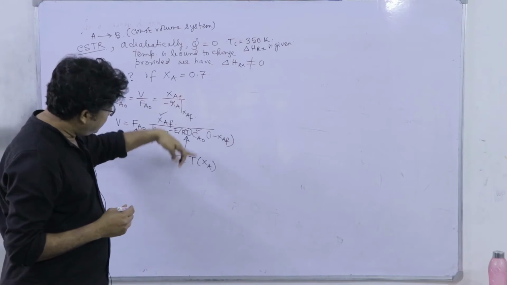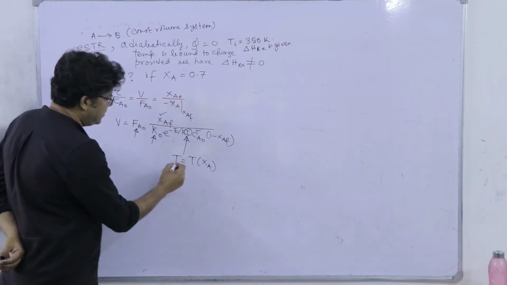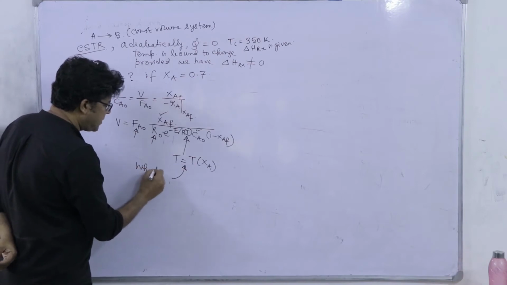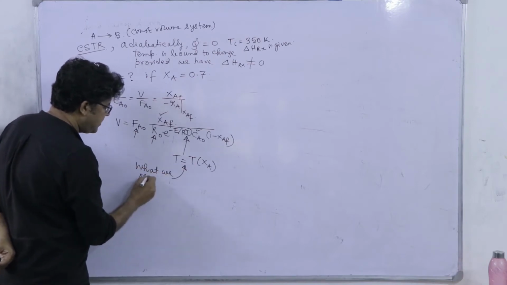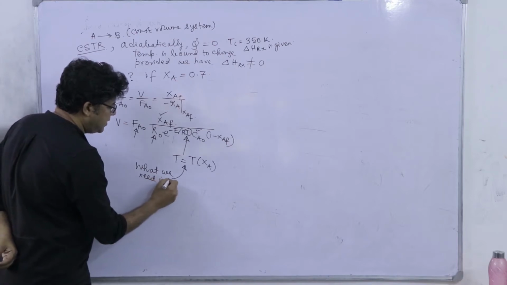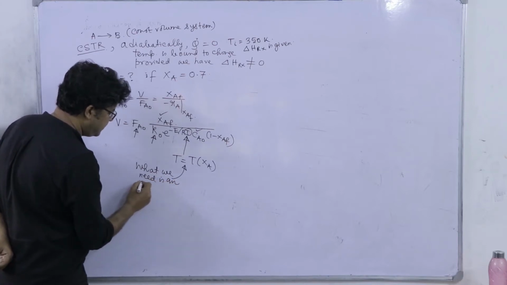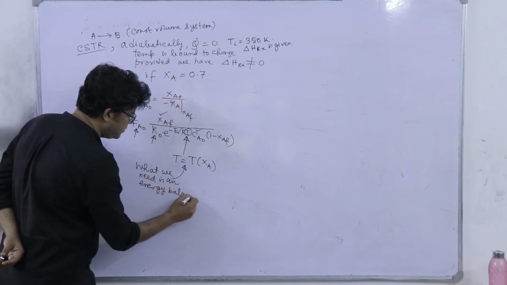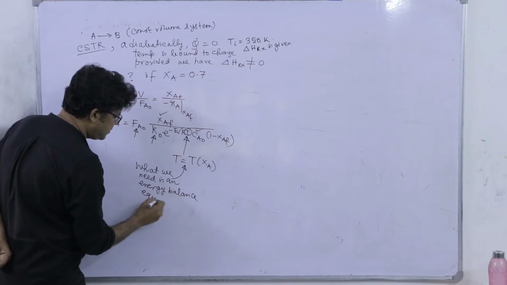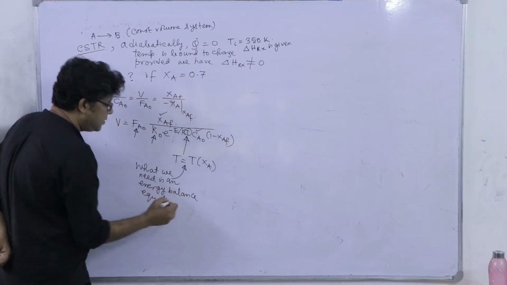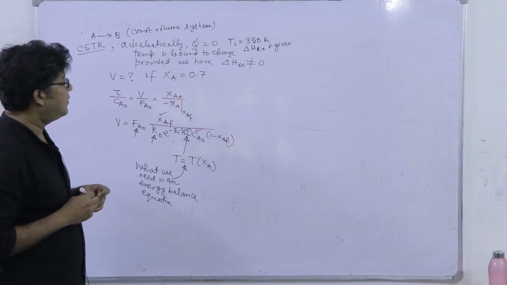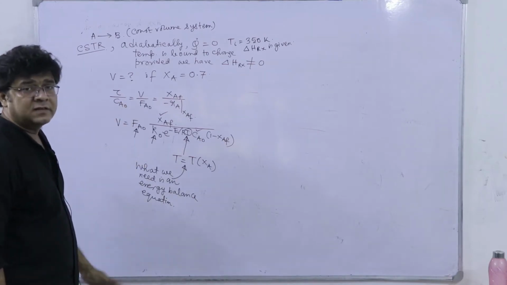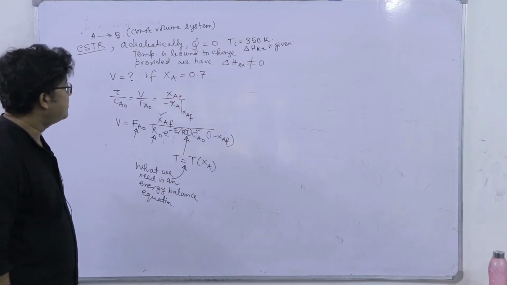So, from here if we try to introspect, we can understand that what we need is an energy balance equation, right. What we have not studied so far, because so far we have considered that the system operates isothermally.